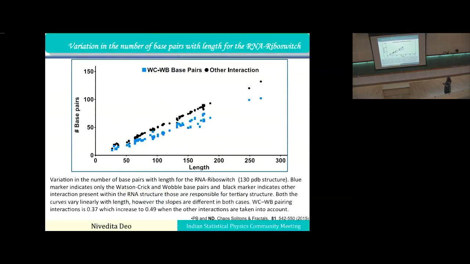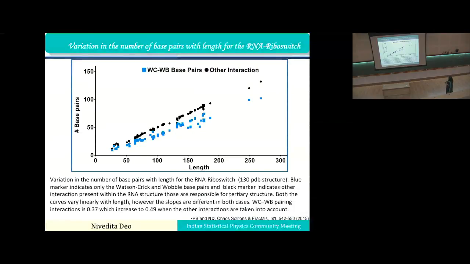Now, this is one result that we've got using the data. This is the number of base pairs versus the length for RNA riboswitches, and these are 130 PDB structures. So for this length, this is the number of base pairs that you'll get, and so on.